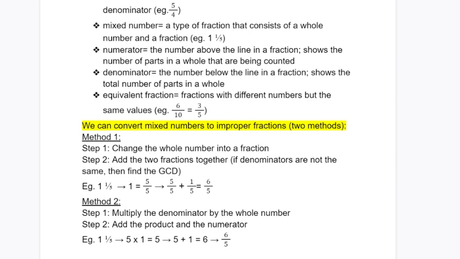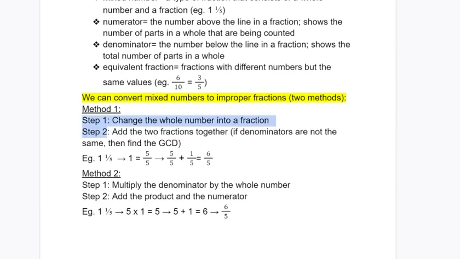With method 1, there are 2 steps. In the first one, you have to change the whole number into a fraction. So for example, with 1 and 1/5, the whole number is 1. So we're going to have to change 1 into a fraction as well. And how do we do that?